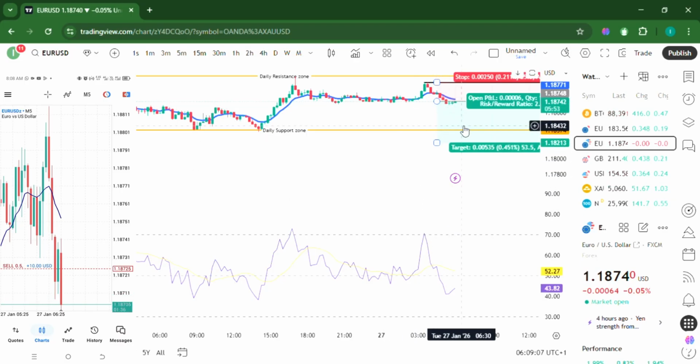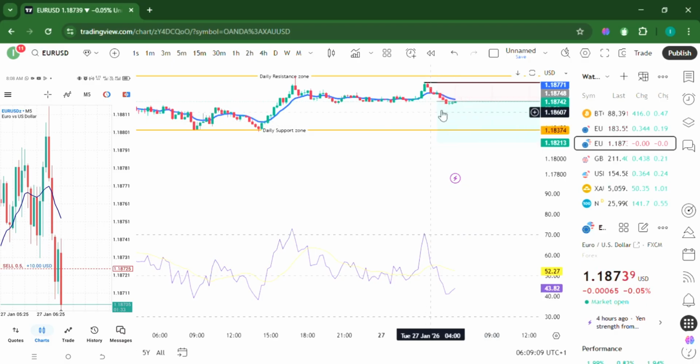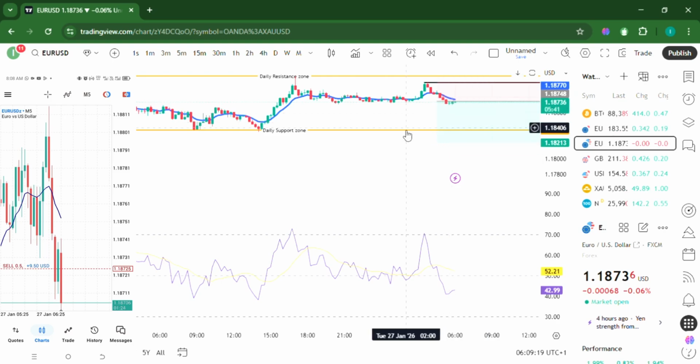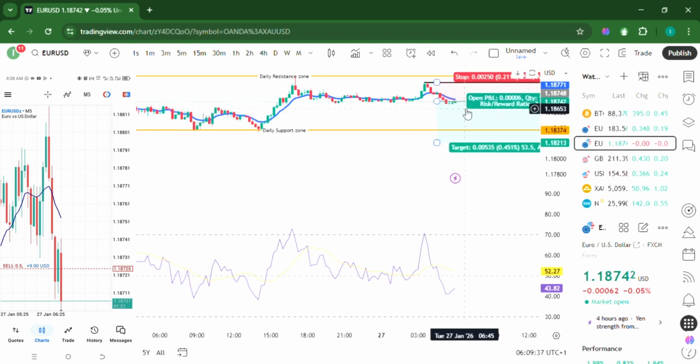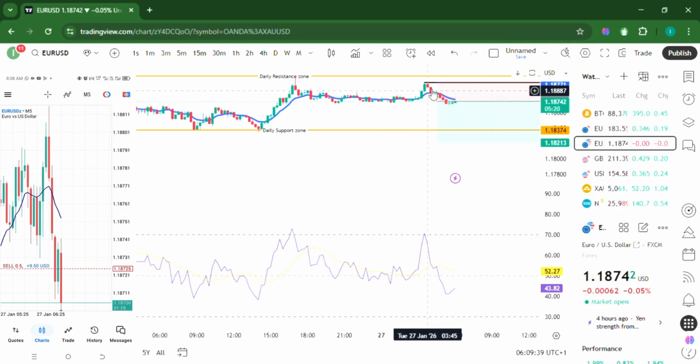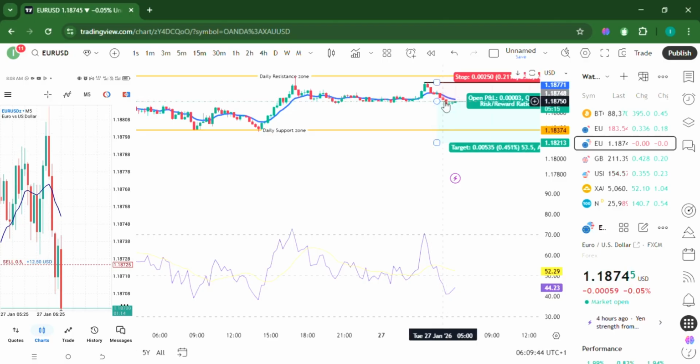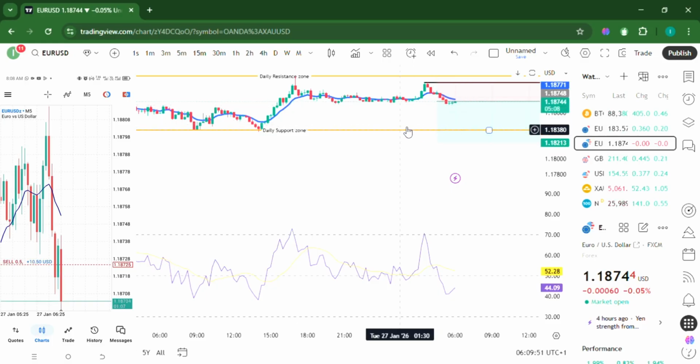This isn't London session, but I am seeing it as something that will push during the London session. So guys, I shorted this trade not exactly at this resistance zone. I already got my confirmation from the EMA and saw price pushing down before I shorted. It is a little bit below the resistance point, but still at the resistance zone.